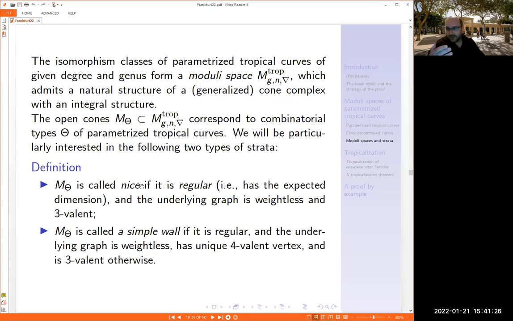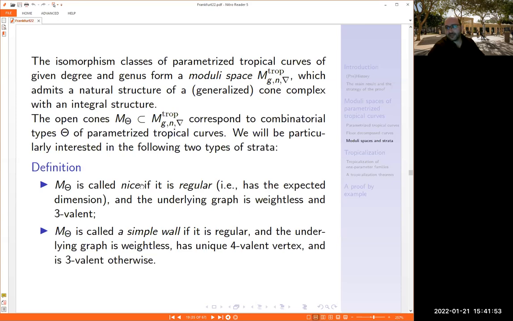So the codimension 1 boundaries of nice cones, and these are called simple walls. So these are cones that are also regular, so they also have expected dimension. They are also weightless, so the whole genus is concentrated in the graph, not in the vertices. And the last requirement is that they are almost trivalent except for a unique 4-valent vertex.